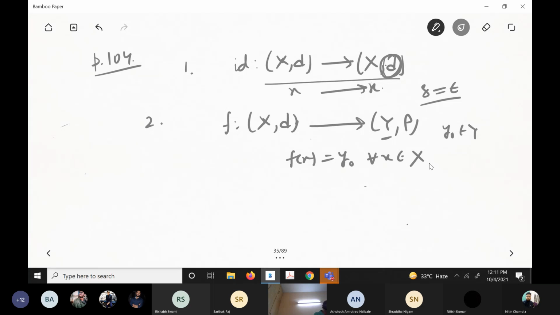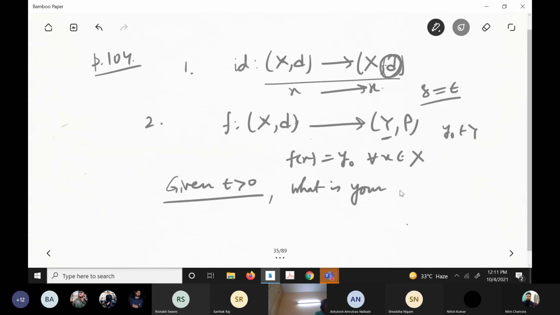Okay, this is continuous. Then I asked, given epsilon greater than 0, what will be your delta? What is your delta? You can choose. Okay. Well, here you see. Any delta will work.